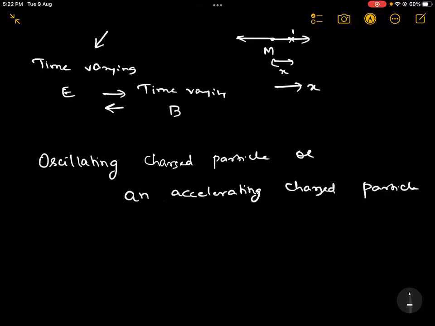Is that clear? Shall we proceed? Is there any doubt till what we discussed? Is it clear? The topic that we discussed previously is called the source of an electromagnetic wave.